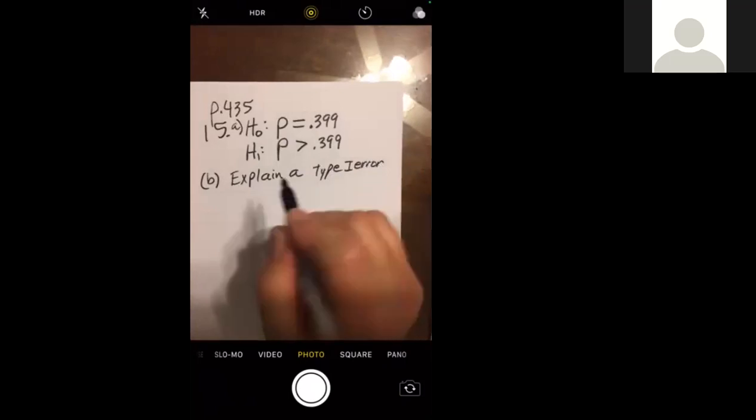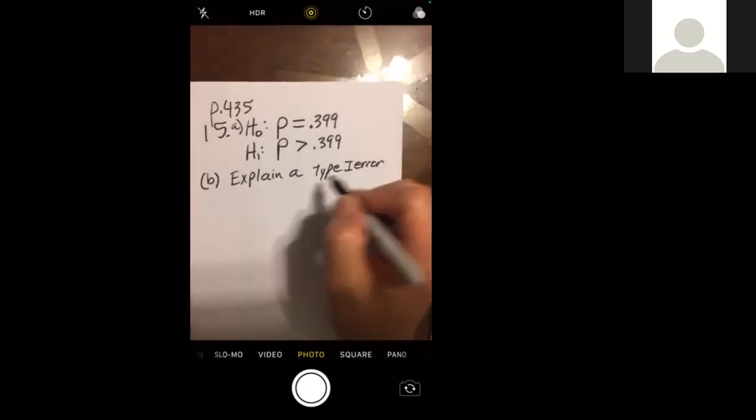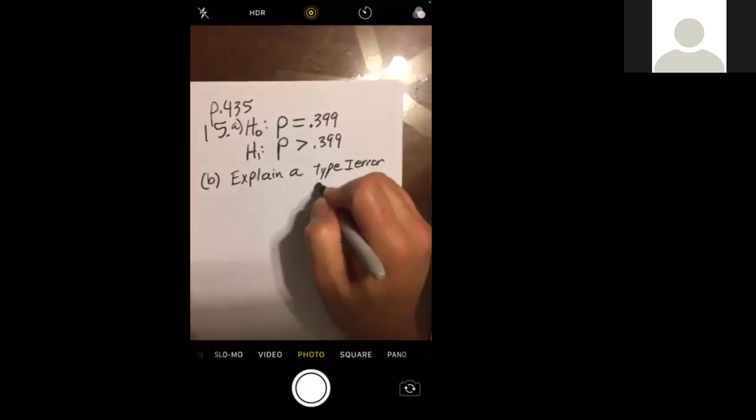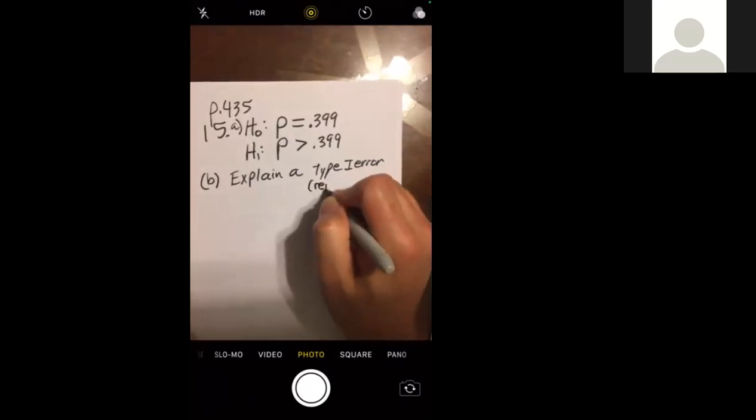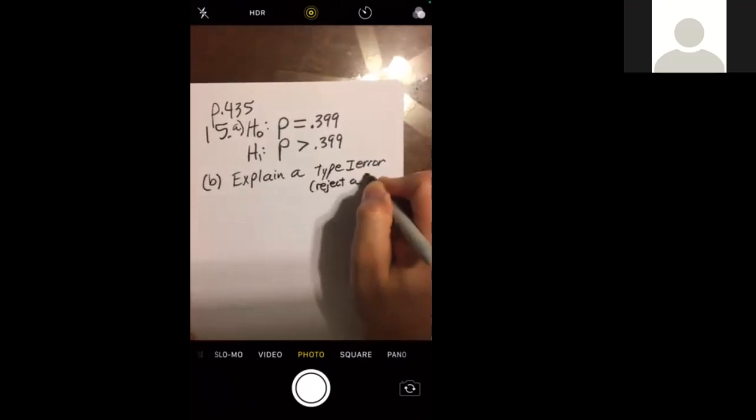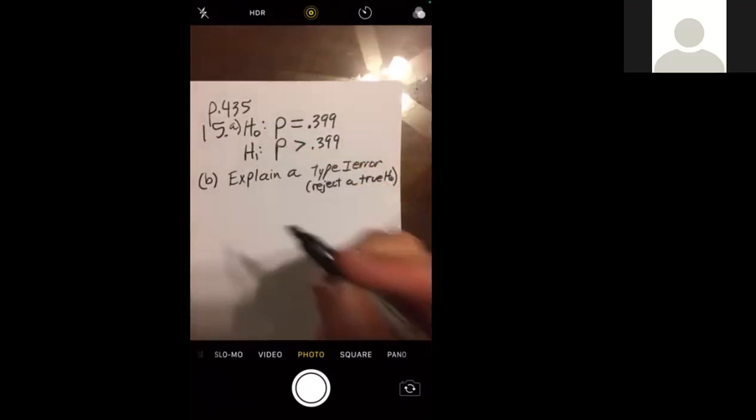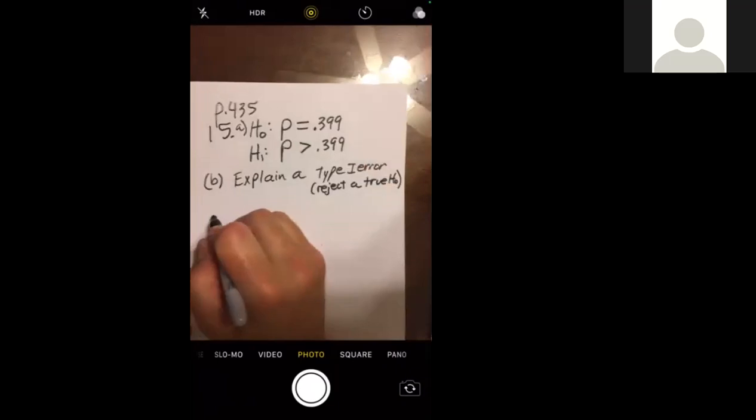All right, well, I'm going to follow its definition, but I'm not going to write it exactly. Remember, it was, I'll just put it in parentheses here, reject a true null hypothesis. So we don't really want this. They want it in the context of this. So I'm going to say it this way, and there can be different ways to say it.